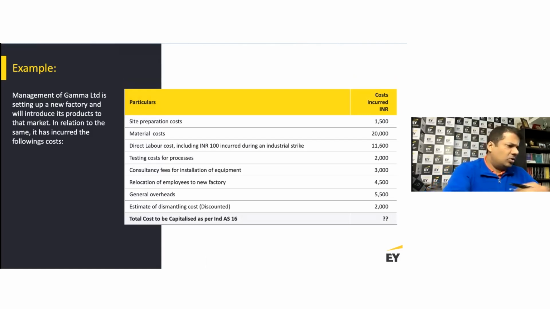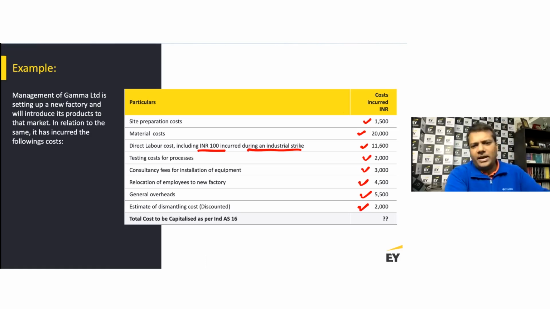Site preparation cost is 1500, material cost is 20,000, direct labor cost including INR 100 incurred during an industrial strike, which looks like an abnormal cost, so total is 11,600. Testing cost for processes, consultancy fees 3,000, relocation of employees to the new factory 4,500, general overhead 5,500, dismantling cost 2,000, total cost to be capitalized.